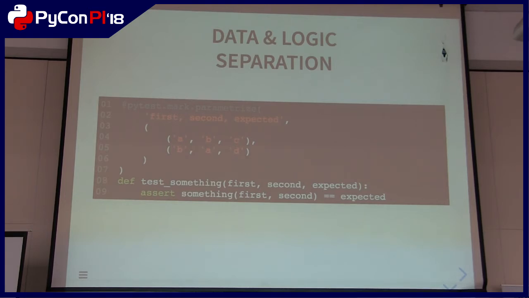For example, a new test case would be added just as a single line in the parameterized decorator in pytest. So here we have dependency injection again, like first, second, expected fixtures. It could help you to find some similarities in your code and then refactor it to build some reusable tools that could help you in the future.